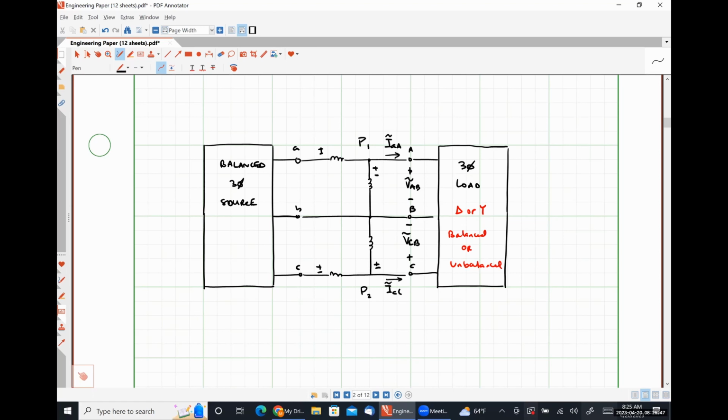Our current coil for our bottom wattmeter is seeing the line current ICC, and it's seeing the line to line voltage VCB, right?